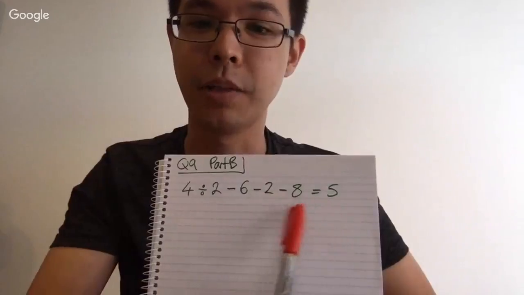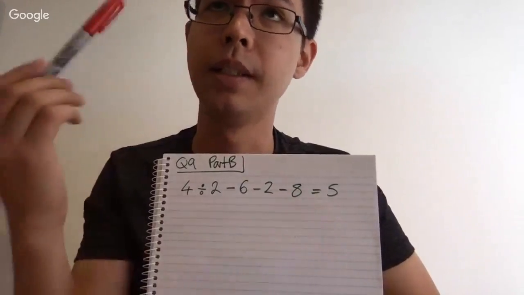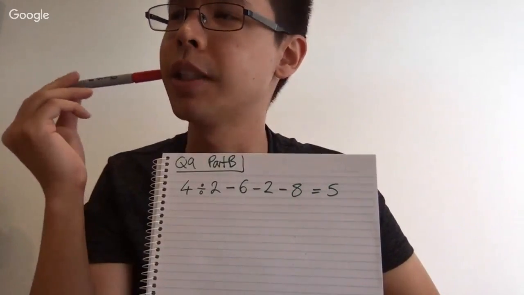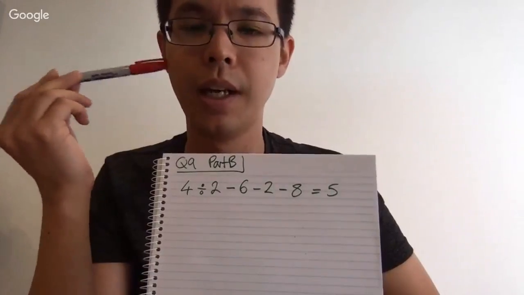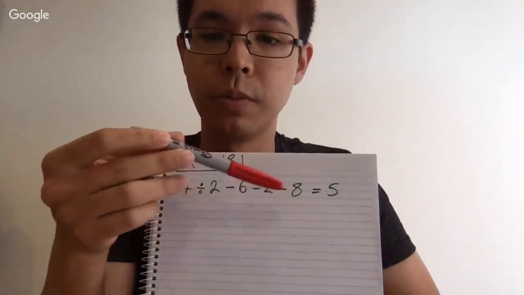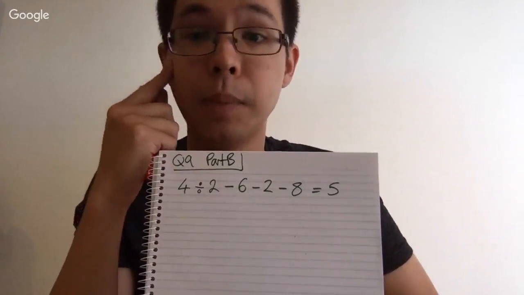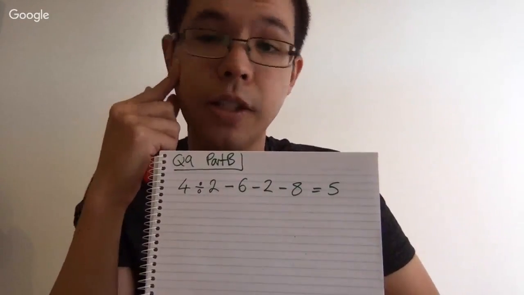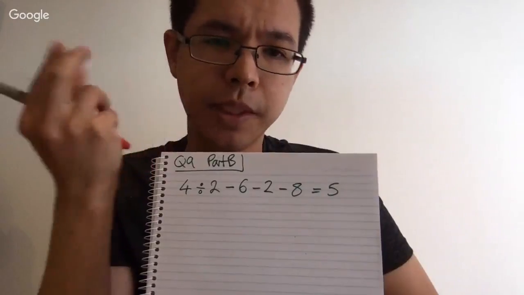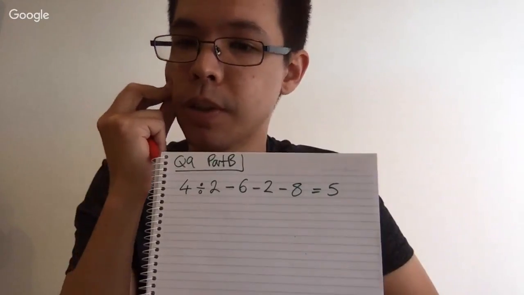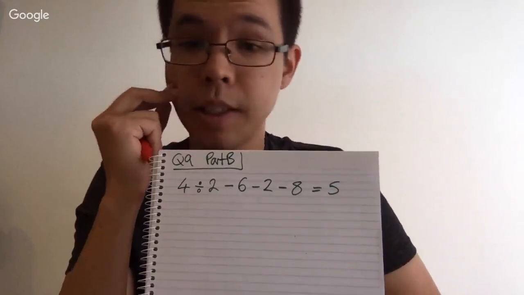It ends up being negative 14. And you've got to group together some of these elements to change the answer. So you're basically trying to work with the BOMDAS rules. For me, I just did trial and error.